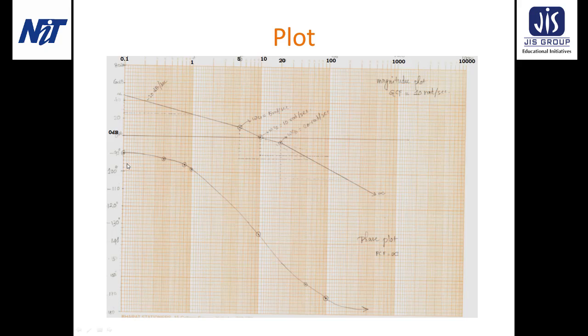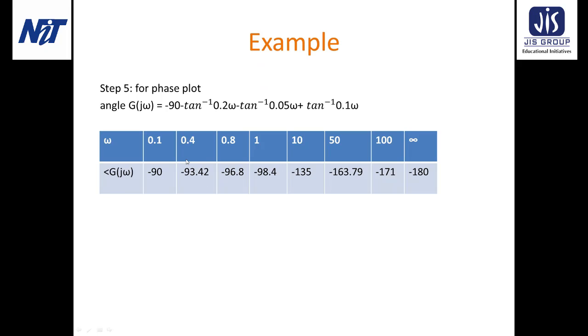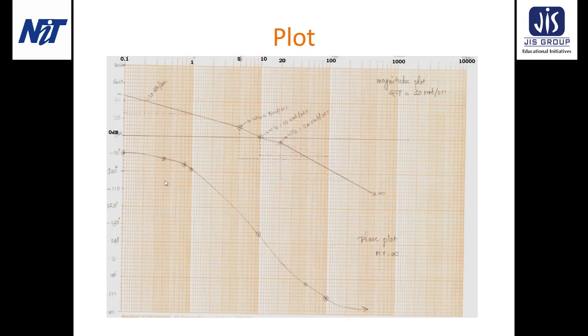Next is the phase plot. And the phase plot is very simple. This represents the omega values, so for each omega value we will put the degree values. For 0.1, the value is minus 89 point something. Then at 0.4, from this graph, this is minus 93.42.